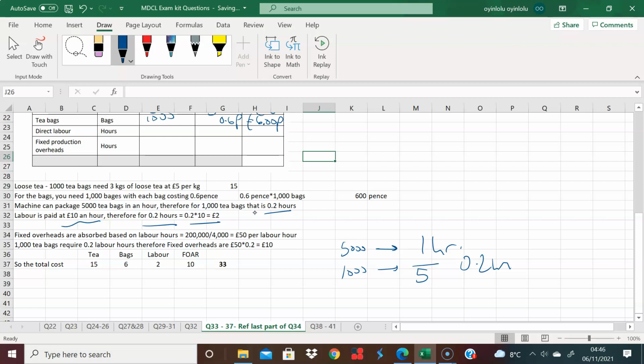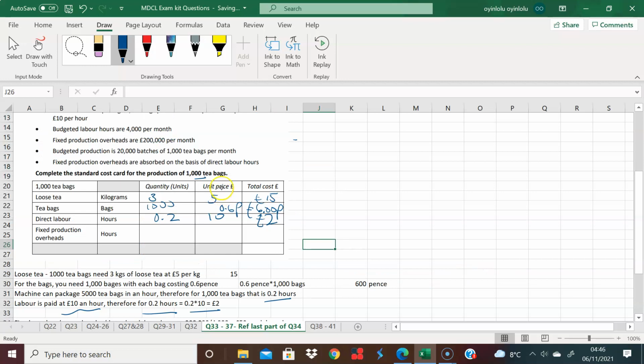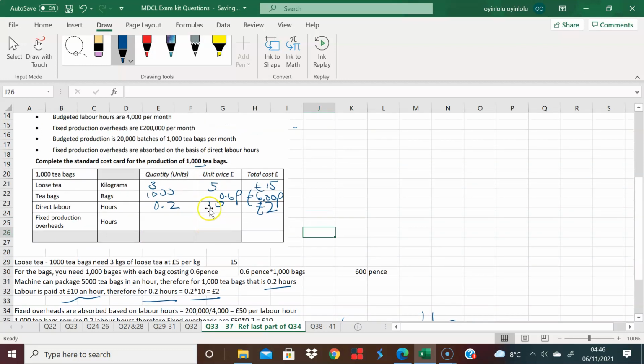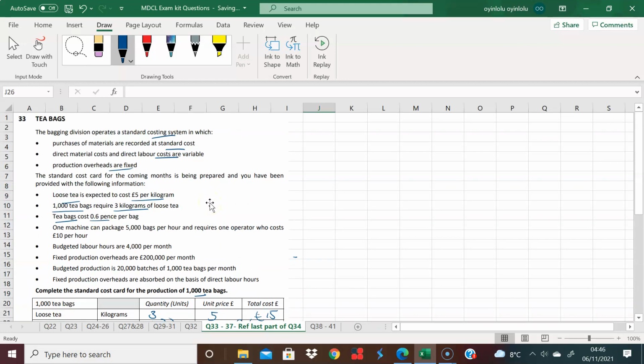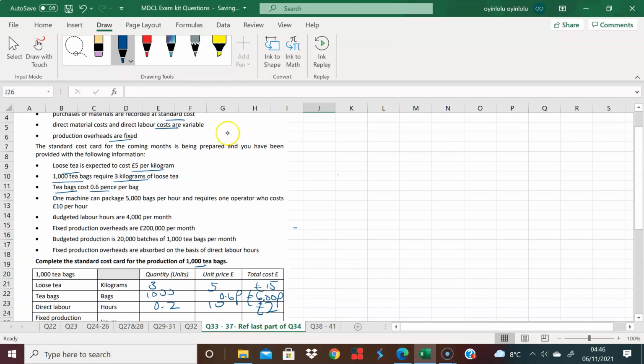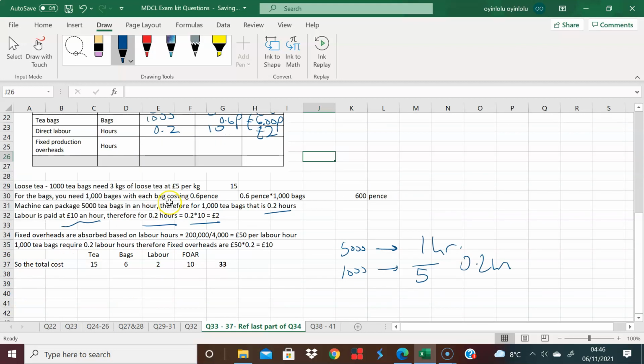So you have 0.2 hours times 10, then you have £2. And then finally, your fixed overhead is given to you. It tells you that we've absorbed based on direct labor hours. So what do we have in terms of costs? We have £200,000 per month over budgeted labor hours per month, 4,000, which brings us to £50 per labor hour.